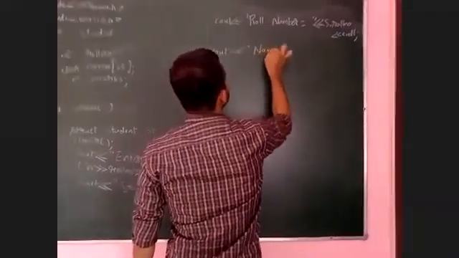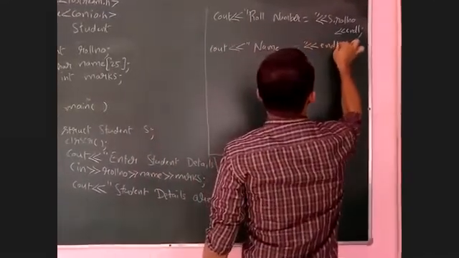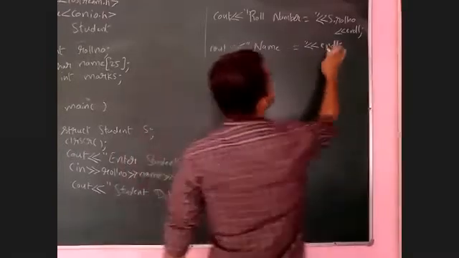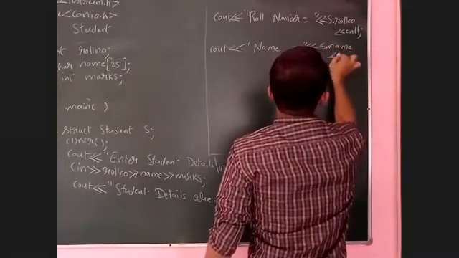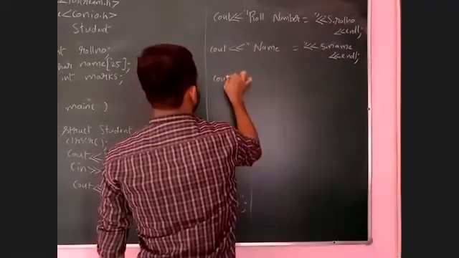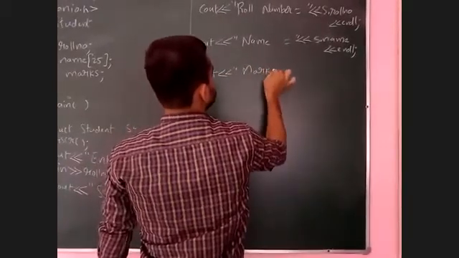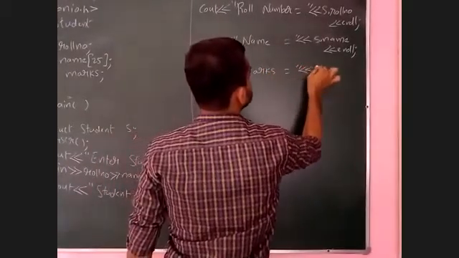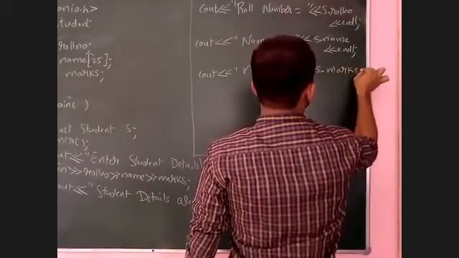Name equals to s dot name. Then cout marks equals to s dot marks.